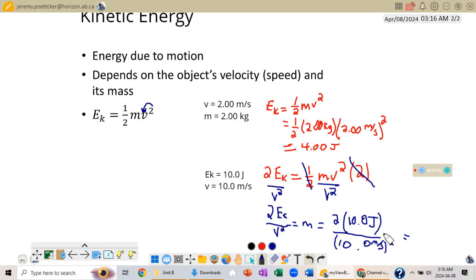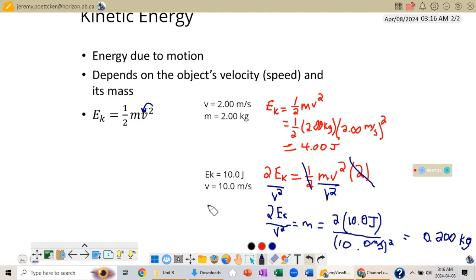All right, so this is going to be 20 divided by 100, or 0.200 kilograms. All right. Again, make sure you can do that in your calculator.